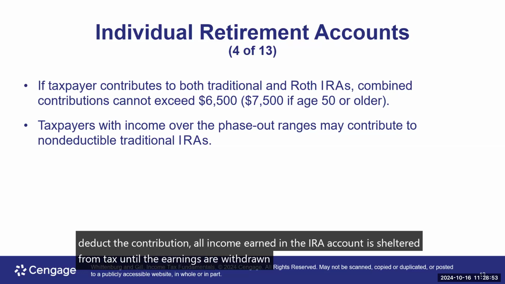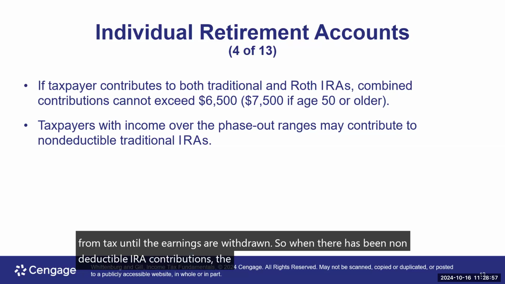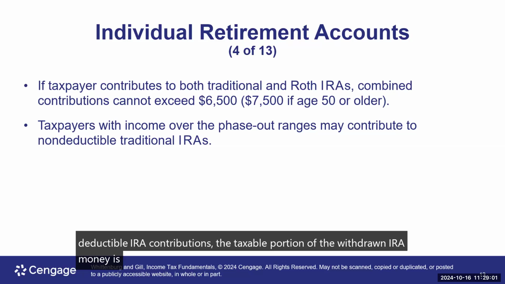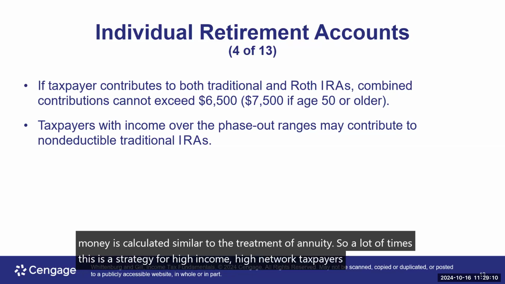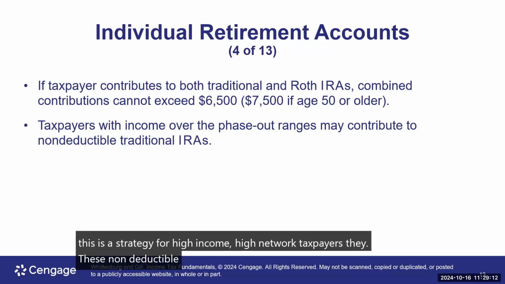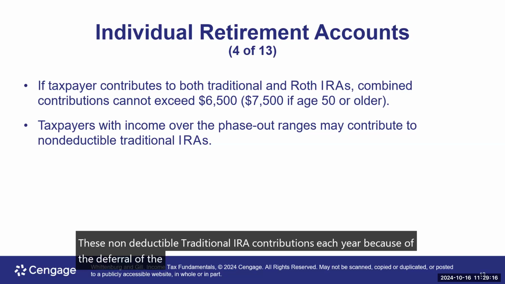When there have been non-deductible IRA contributions, the taxable portion of the withdrawn IRA money is calculated similar to the treatment of an annuity. A lot of times this is a strategy for high income, high net worth taxpayers. They make these non-deductible traditional IRA contributions each year because of the deferral of the tax on the earnings in the IRA.